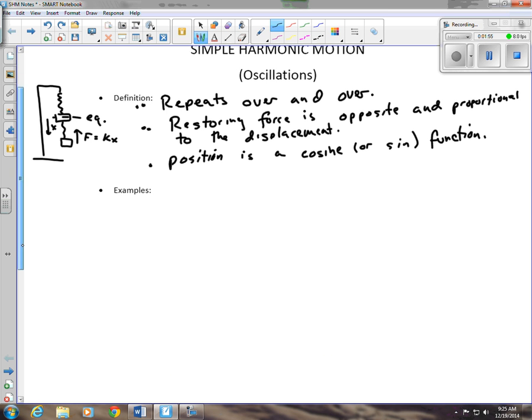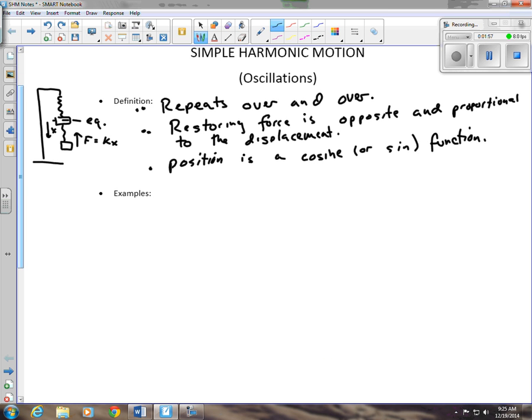Now, two common examples where we'll see it in class are springs. Here, if this is the equilibrium position where it would hang by itself, and I pull it up to this position, A, that's the highest point.